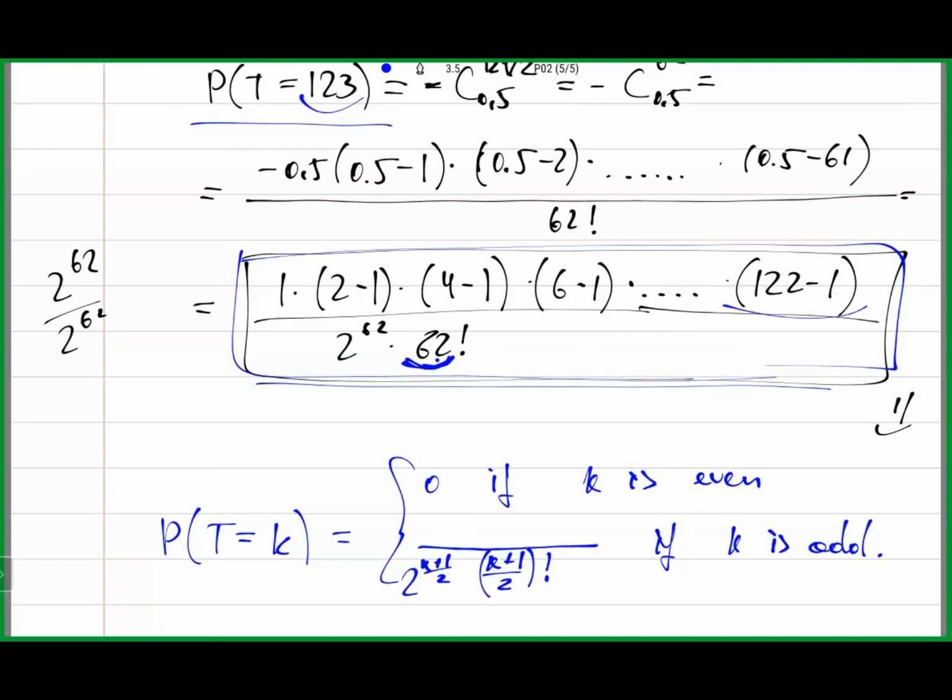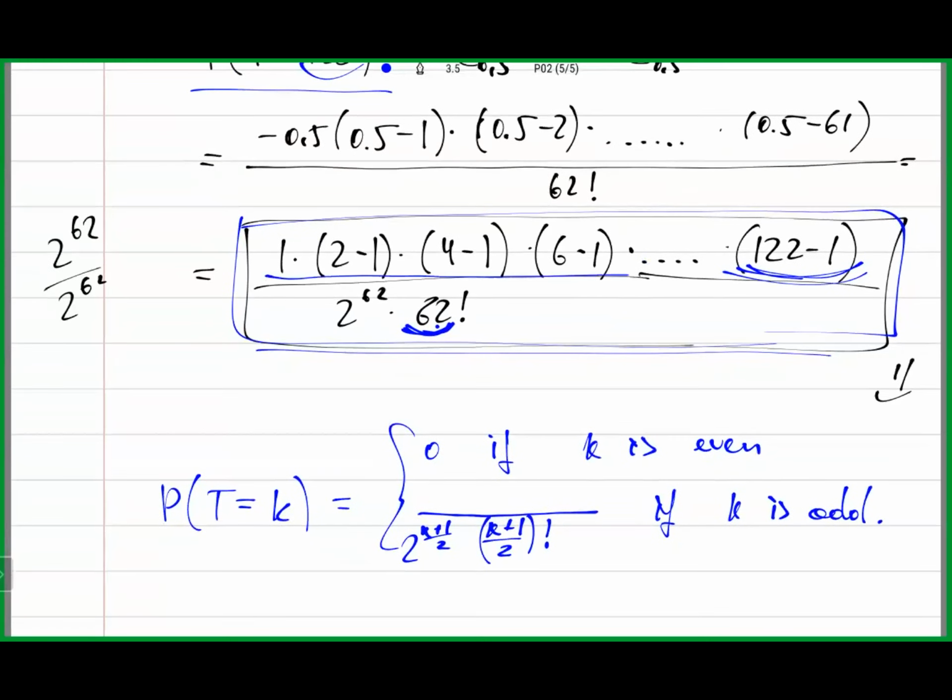And here we have, what is this value? This is k minus 1, k minus 2, k minus... so let's write this formula.